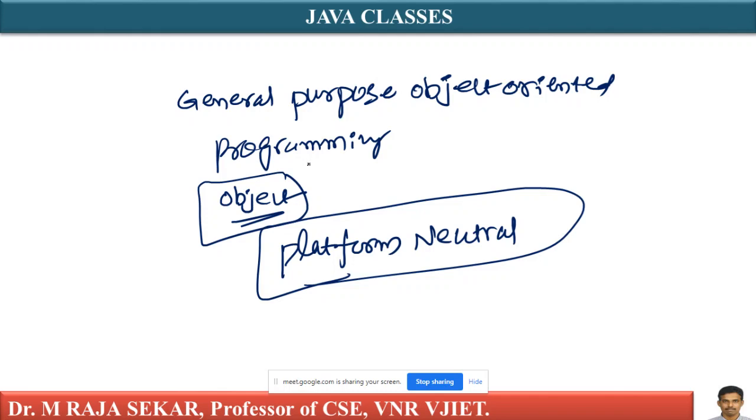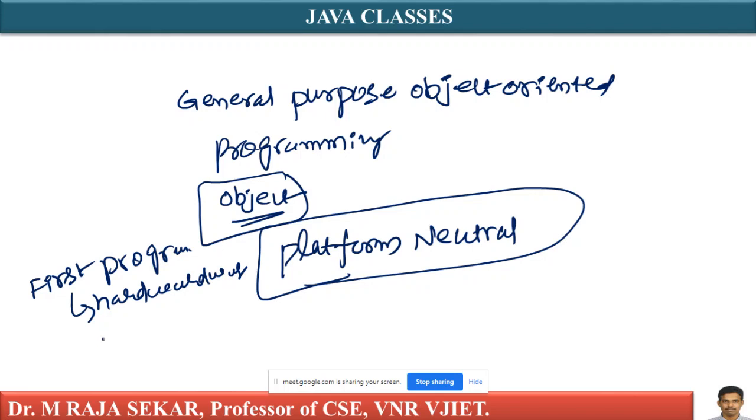Java is the first programming language that is not tied to any particular hardware or any particular operating system.